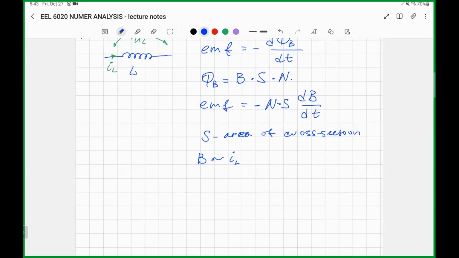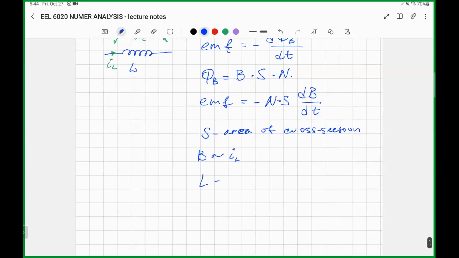From the experiment, this proportionality of the magnetic field to the value of the current allows us to connect the flux of the magnetic field with the value of the current, factorizing all the parameters that depend only on the coil itself into one single parameter, which is L, right?